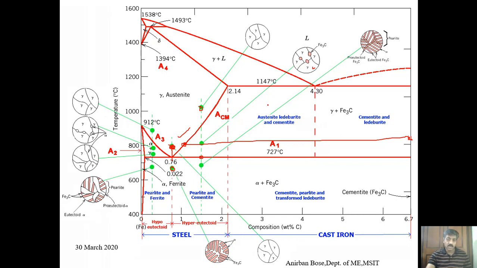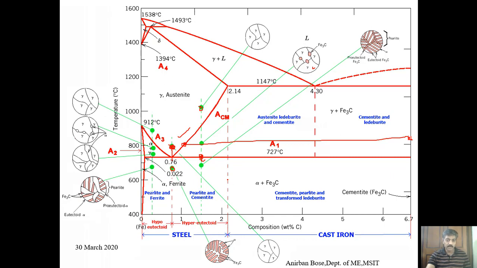Remember, austenite and cementite will be there continuously as you are going down, but their compositions will continuously change, which we have discussed in the first part of the phase diagram. So exactly when it comes close to this point, the composition of the austenite will become 0.76. If it goes further down, then the 0.76% austenite will be converted into pearlite. Pearlite means alternate layers of ferrite and cementite.